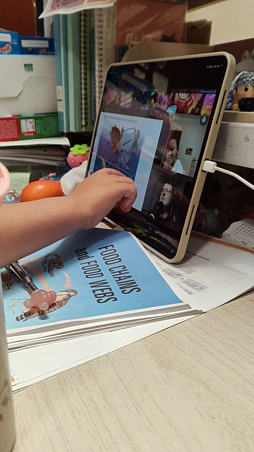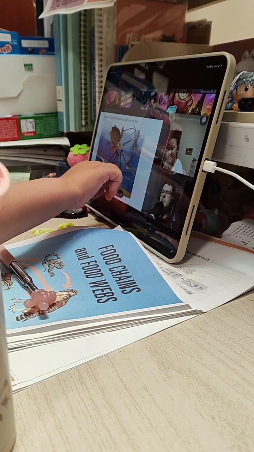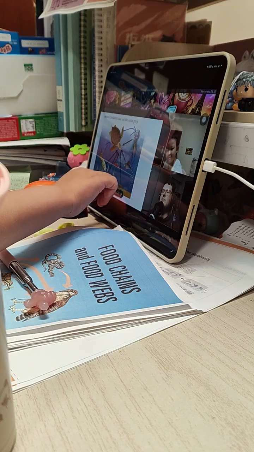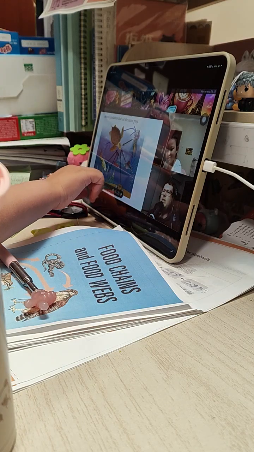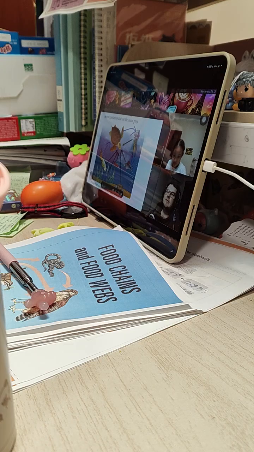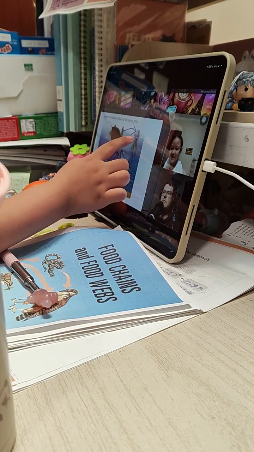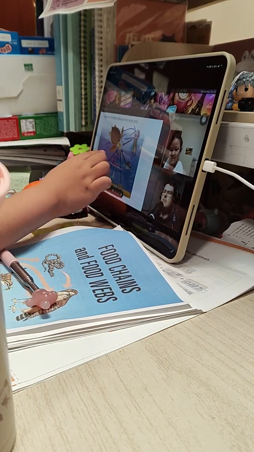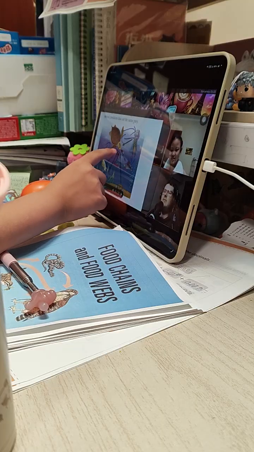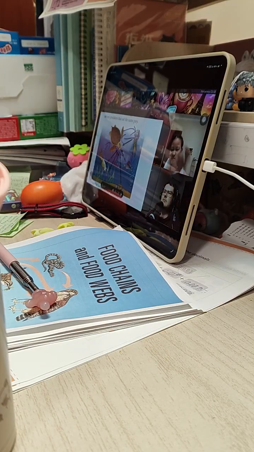If it's more complex, then it's like this and this and this, and then it would be like a web.